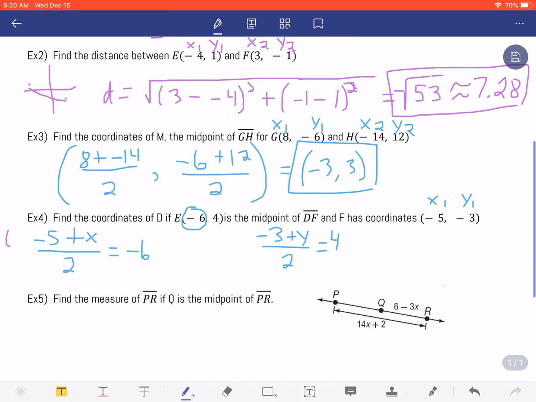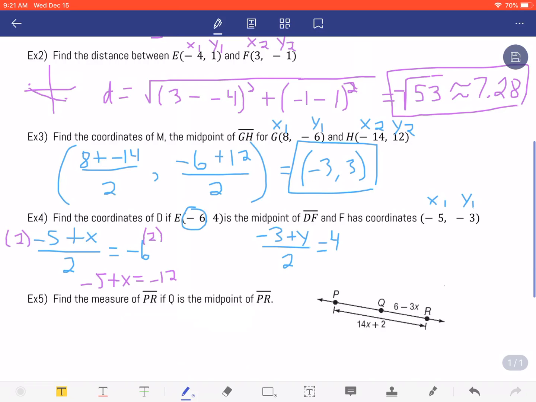So here I would multiply both sides by 2, and I get -5 plus x equals -12. And then add 5 to both sides. Am I on the right thing here? Yep.